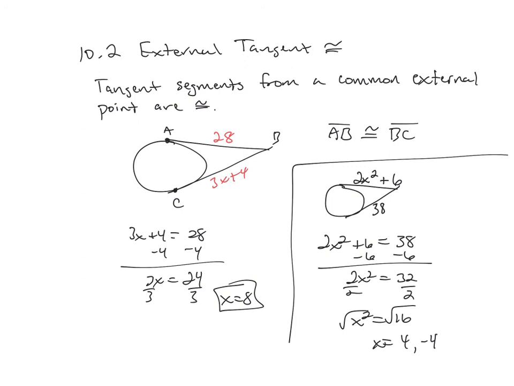And then times 2 is 32, and then plus 6 is 38. So there's a couple problems at the end. You need to put both answers. And I think the book also writes it like this: positive and negative 4. Okay, so a couple problems like that at the very, very end.